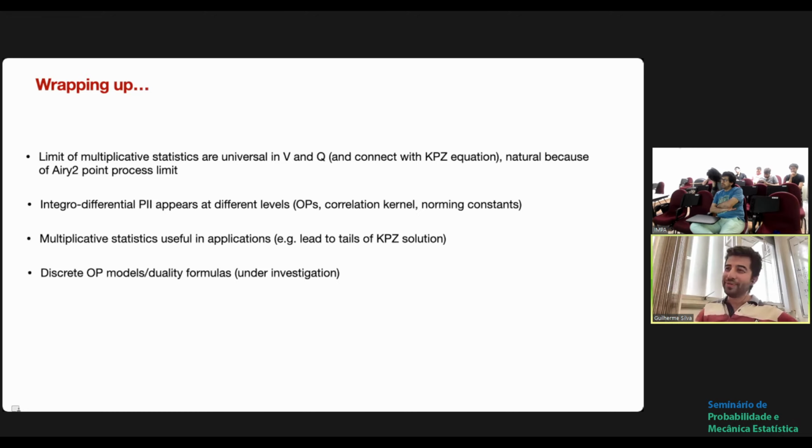And then we needed to understand similar statistics, but not for eigenvalues, for other discrete models, and things were extremely nasty. And then the natural model where things were simplifying a bit was actually the random matrix model, and then we were allowed to consider those multiplicative statistics for random matrices, not for the stochastic six-vertex model, and it turned out that they also had those nice limiting results.